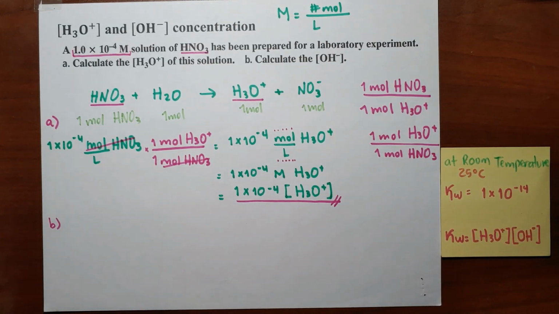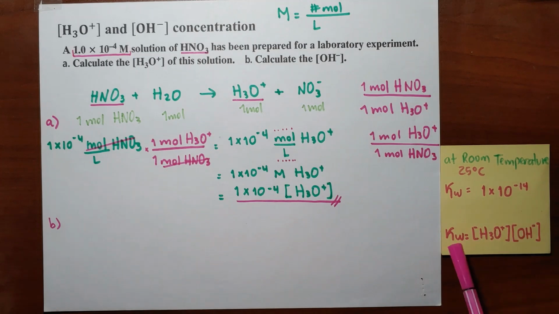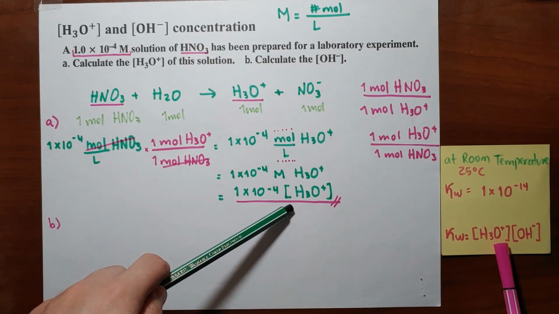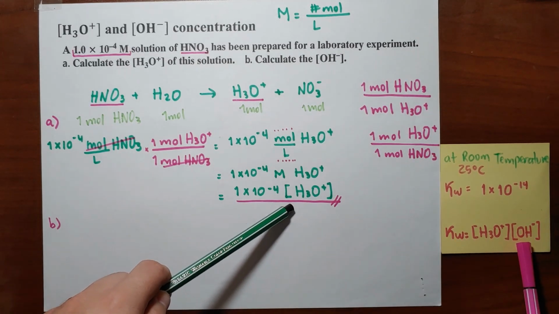Okay, if the problem does not specify this, you have to assume that it occurs at room temperature. So the formula to get the ionization constant is you multiply the concentration of hydronium and hydroxide. So you know the constant because it's a given. Even if it's not written in the problem, it's given. You already found the concentration of hydronium, so you will isolate for hydroxide concentration.